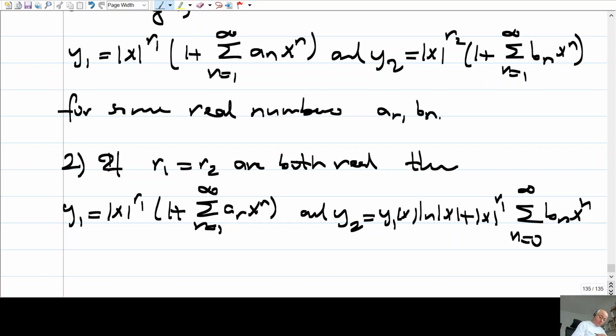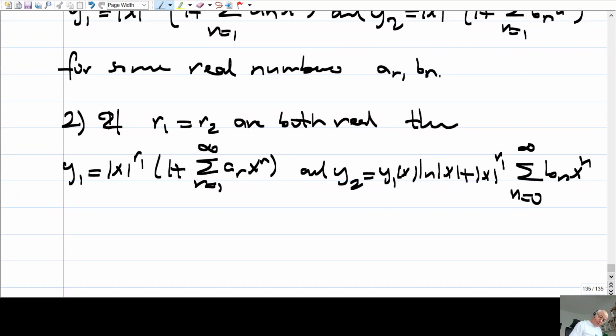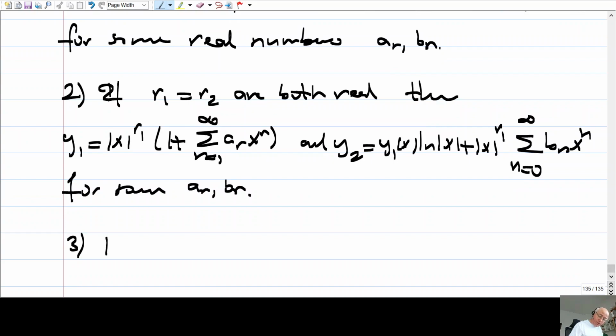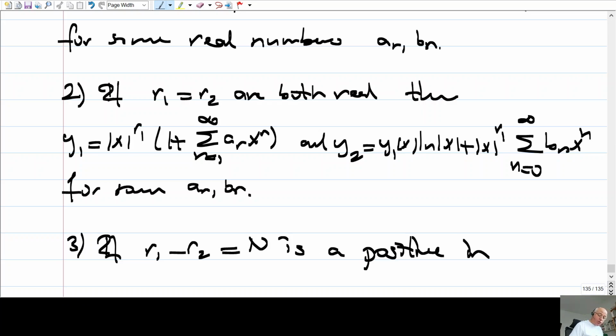For some again a and bn, if the difference is a positive integer, if r1 minus r2 is a positive integer. So I don't consider, for example, complex roots.